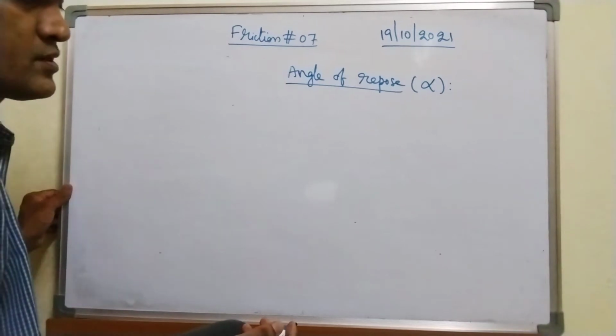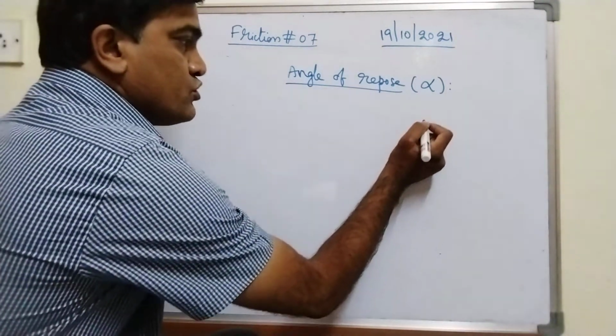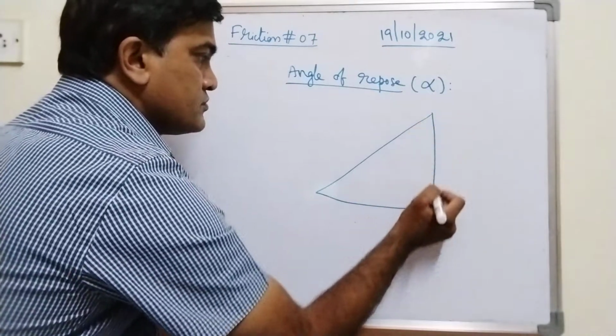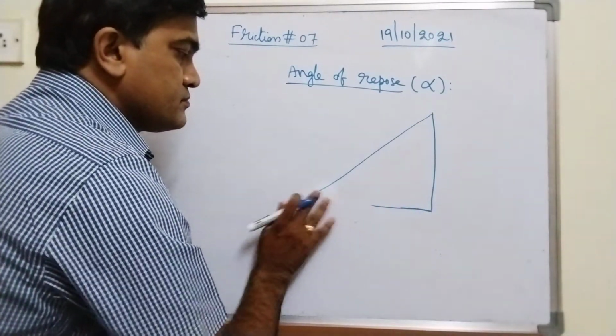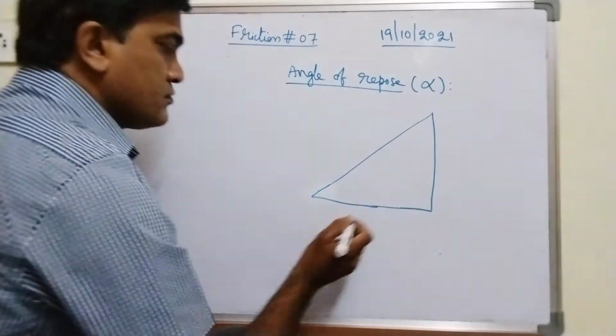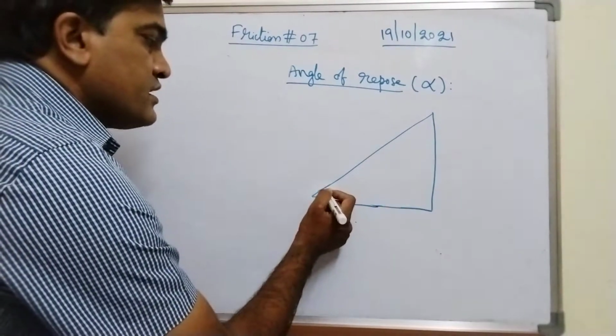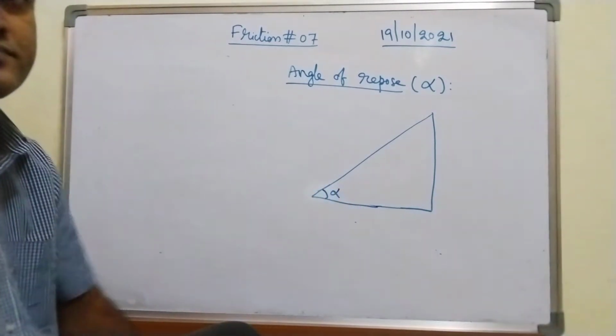I'll just show you. Let's say this is an inclined plane. Here I have taken the angle alpha.